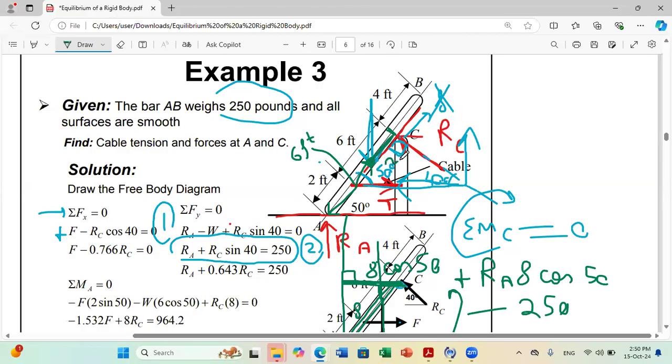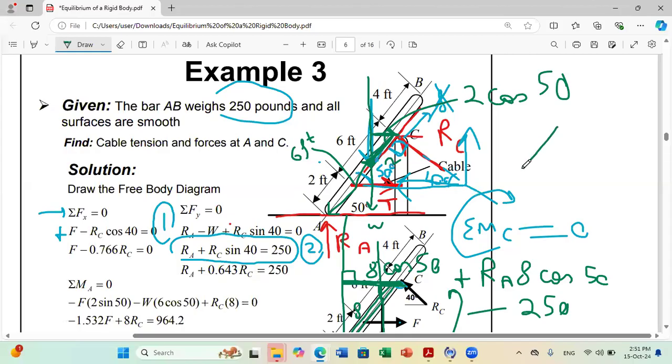But I want to take not this distance, but the perpendicular. So this is my weight. I elongate this line and draw the perpendicular distance. Since this is 2 and the angle here is 50 degrees, the perpendicular distance is 2 cosine 50. Let me draw it again to be clearer.